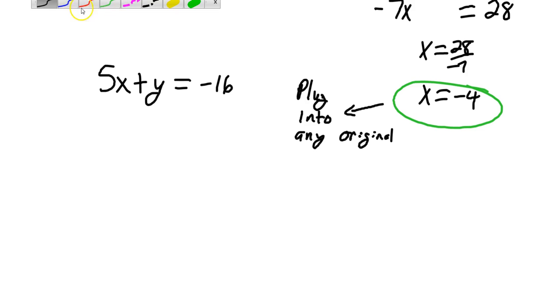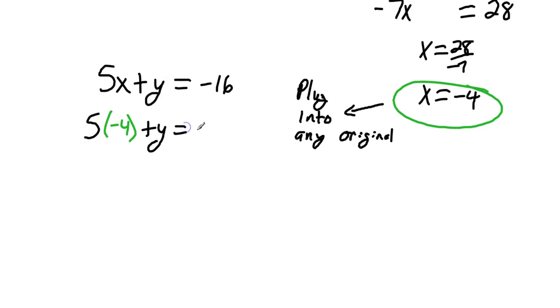Okay, plugging in negative 4. We've got 5 times negative 4 plus y is equal to negative 16. So negative 20 plus y equals negative 16, and then add the 20.